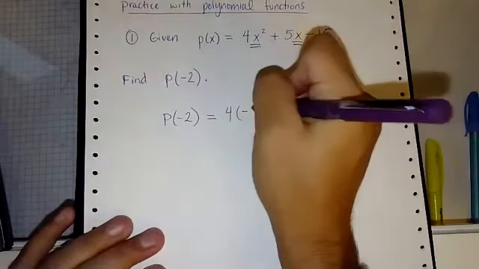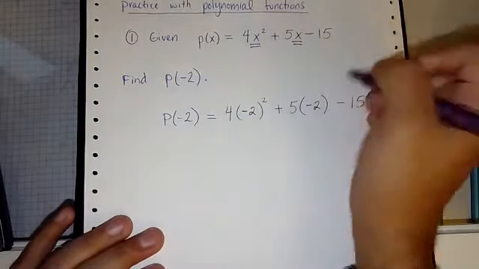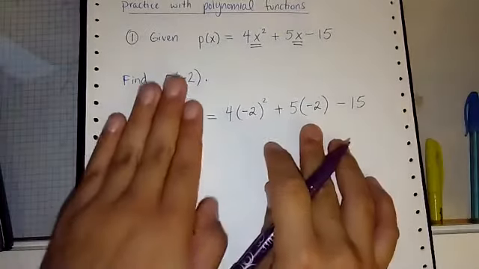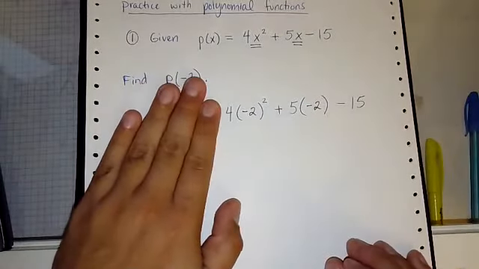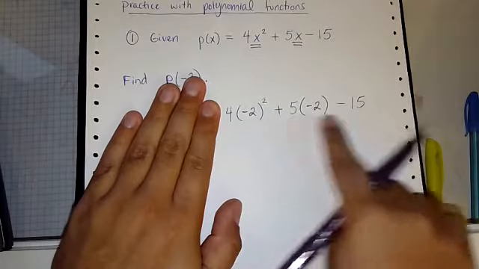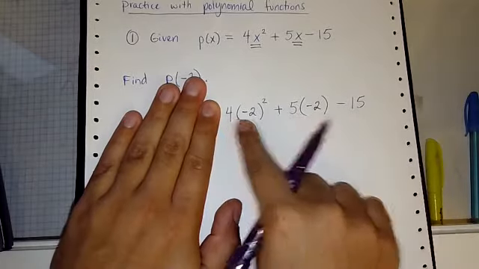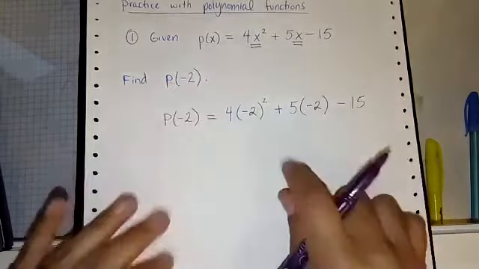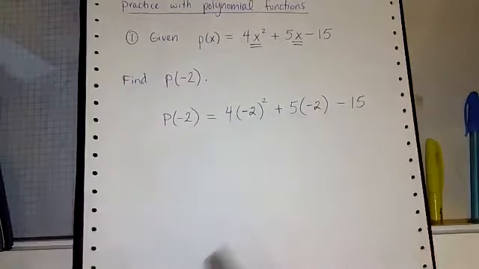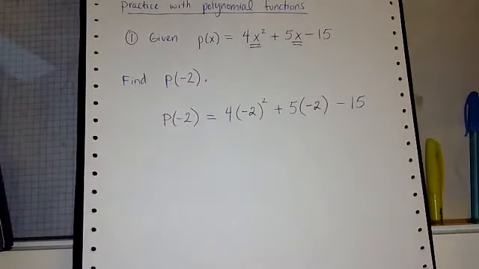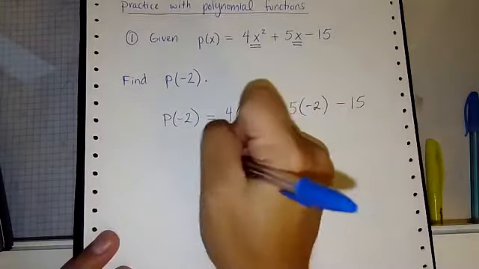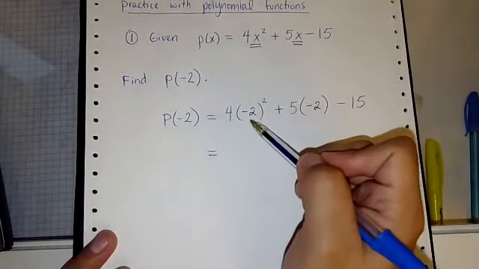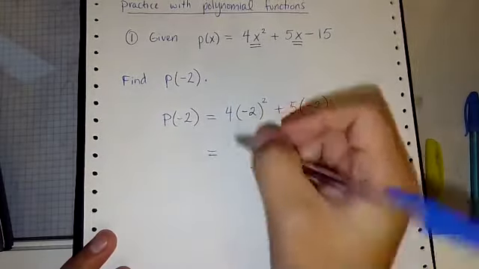So I'll put negative 2 here, negative 2 here. Now we're not concerned about the left-hand side of this expression. We just need to simplify the right-hand side, the part that we plug the number into. So we're going to use our order of operations to slowly simplify this side. Negative 2 times negative 2 is going to be positive 4.